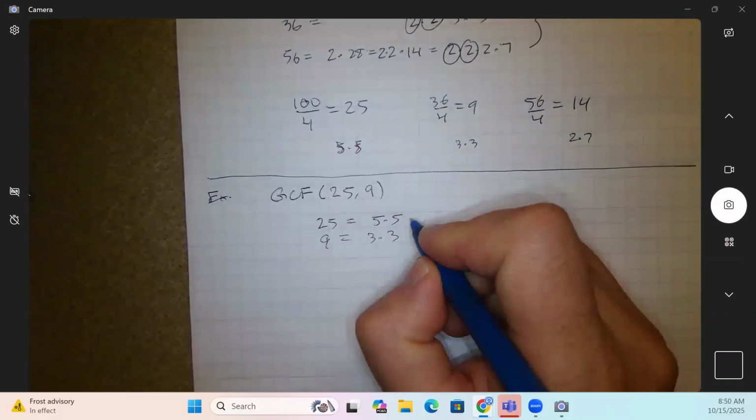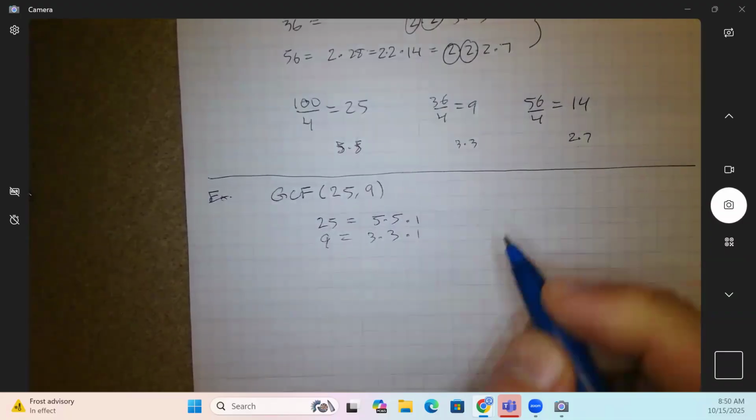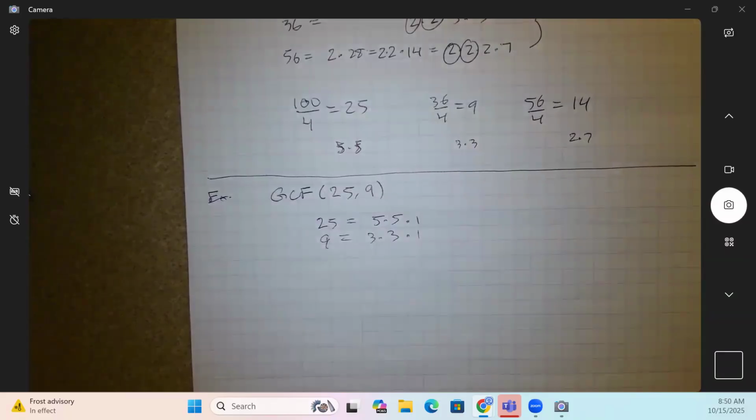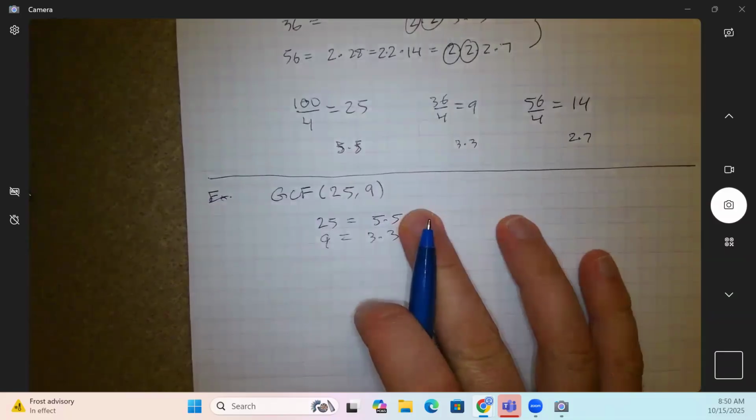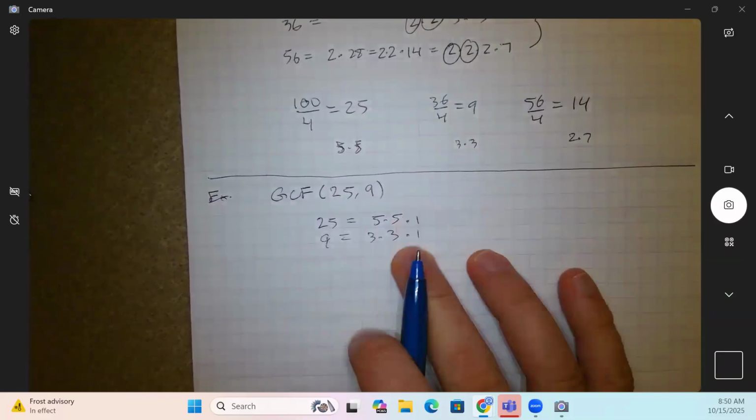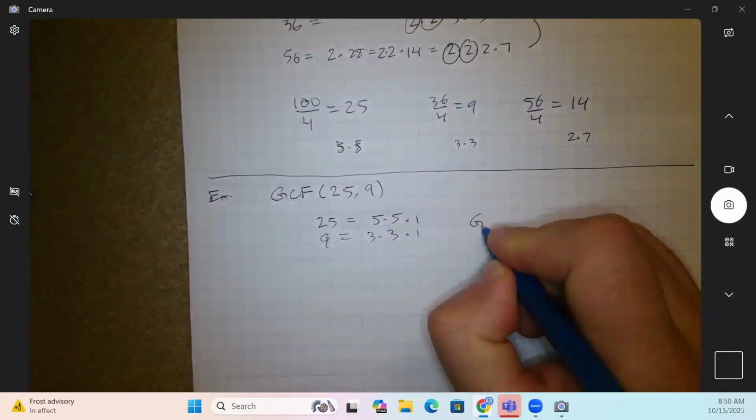Well, I can always cheat and do a multiplication by 1. You can always multiply by 1. So if you have no primes in common, then the greatest common factor is 1.